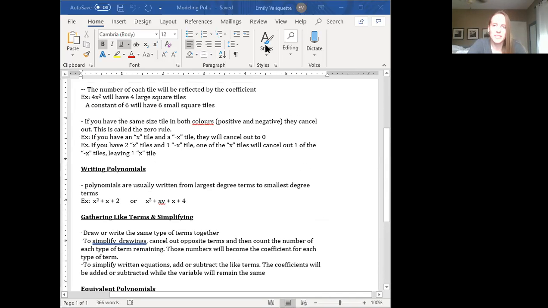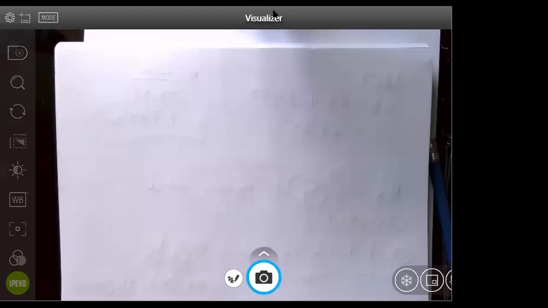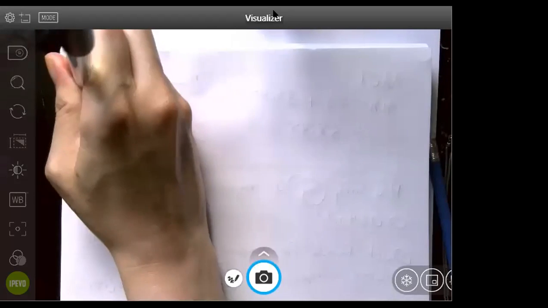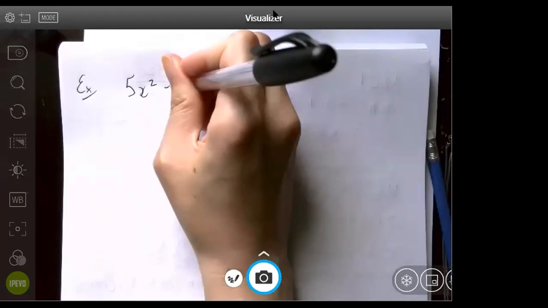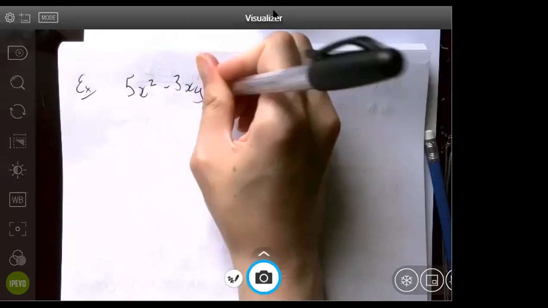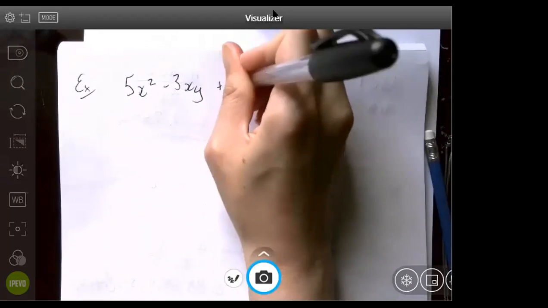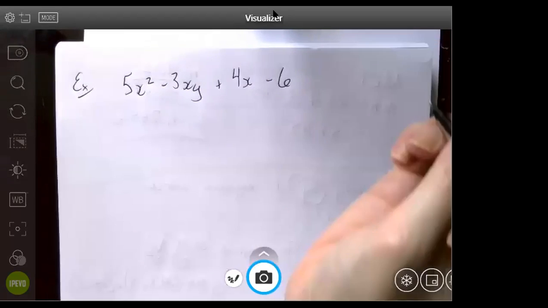Okay, so let's look at some examples of all of these things that I'm talking about. The first example that we will look at is 5x squared minus 3xy plus 4x minus 6.